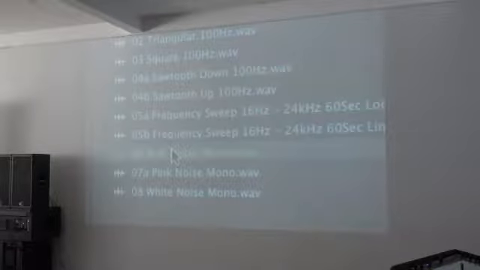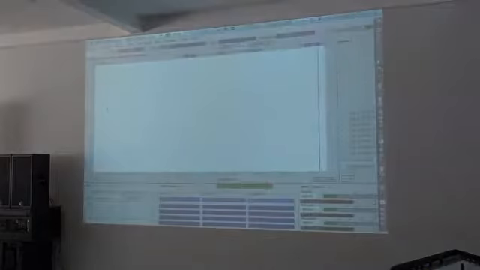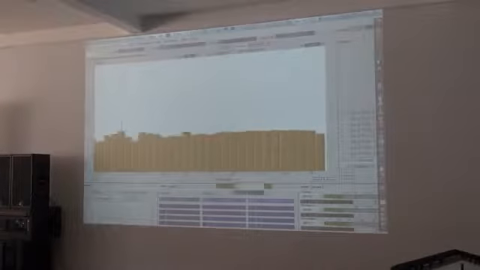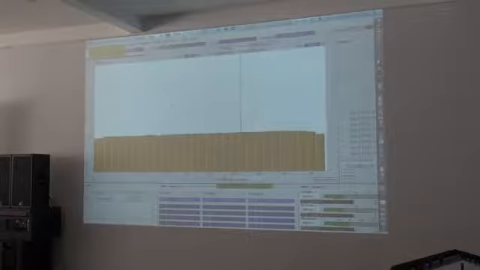Okay. If we view pink noise in the spectrum analyzer, what we will see is that the information shows similar level at the majority of the bands, in a way that all the bands have similar level.